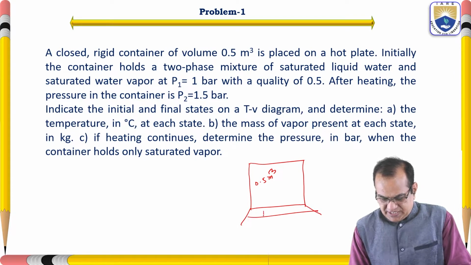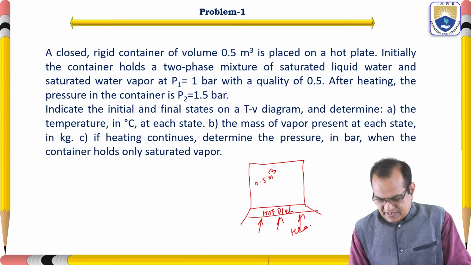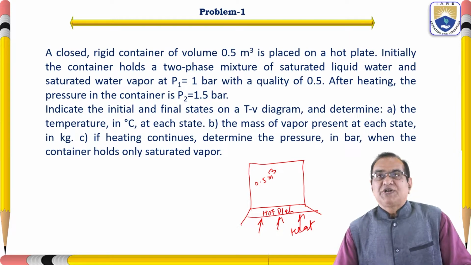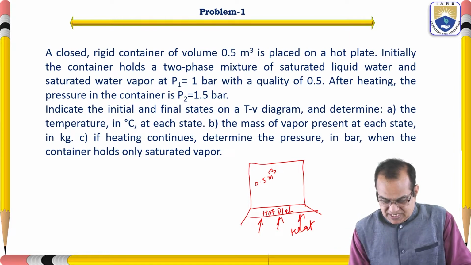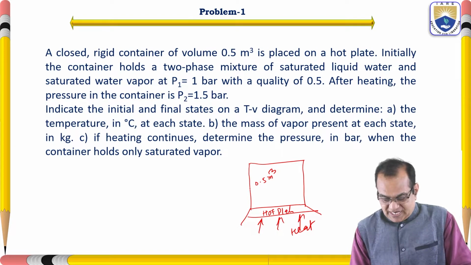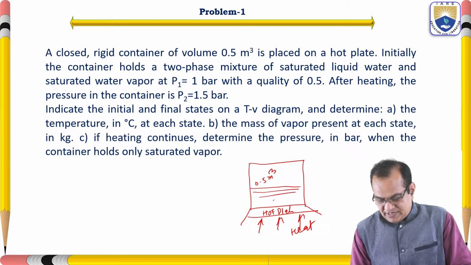This is the hot plate here. It is heated as some heat is given. Initially, the container holds a two-phase mixture. So initially, here we have the two-phase mixture. Here it is the water, and here these are the vapors.